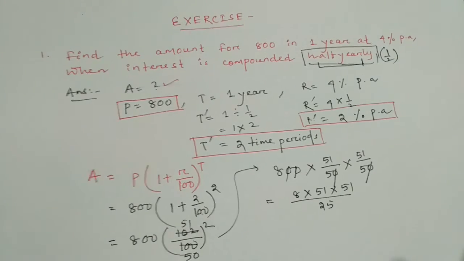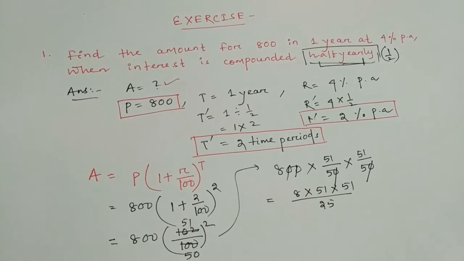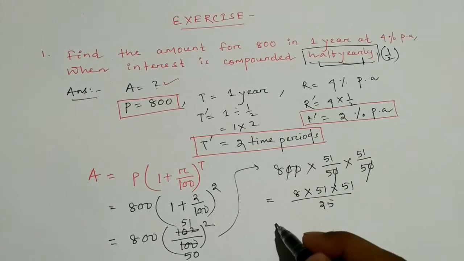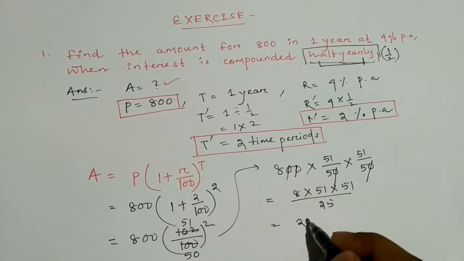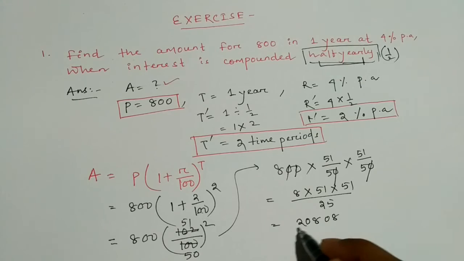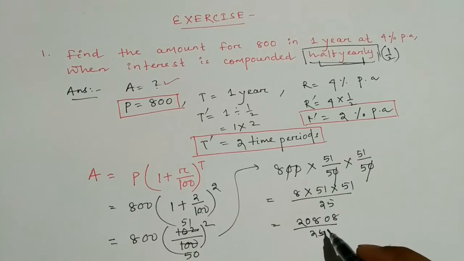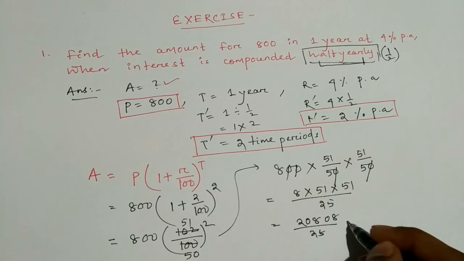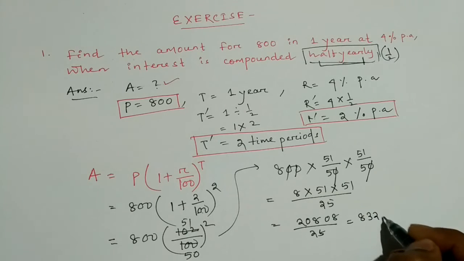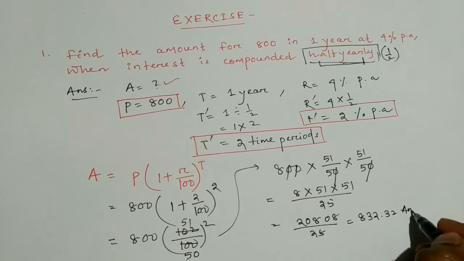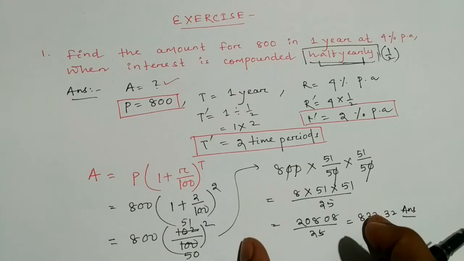So you have to solve it. So 8 into 51 into 51, my answer will be 20808 divided by 25, and my final answer will be 832.32.